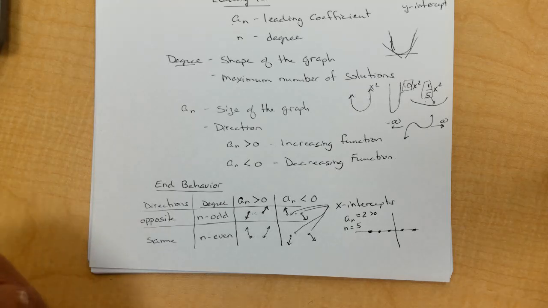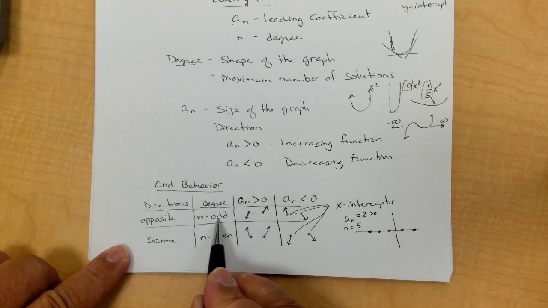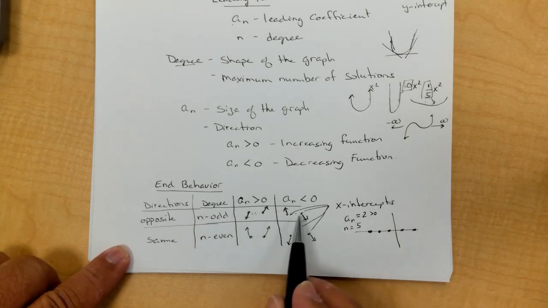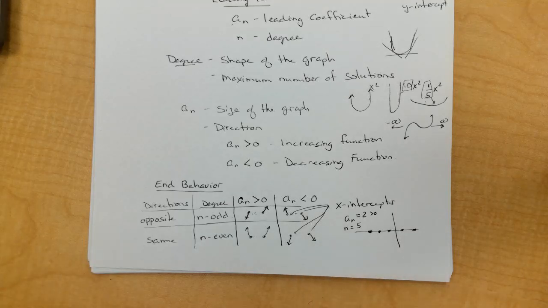The end behavior: one end is going to go up and one down, because n is odd. Is it going to go up on the right or down on the right?